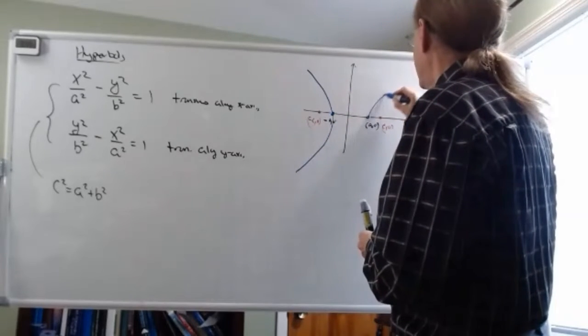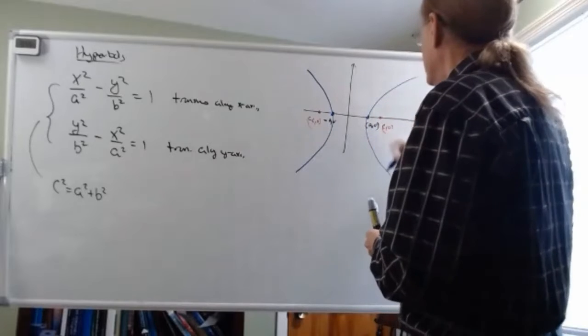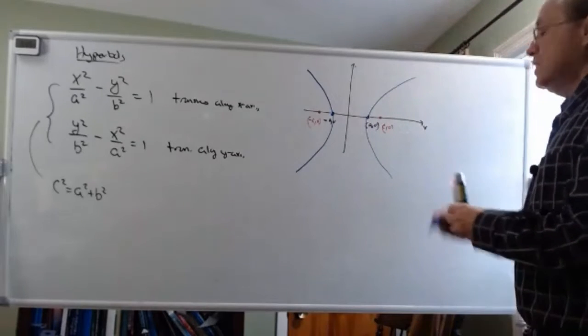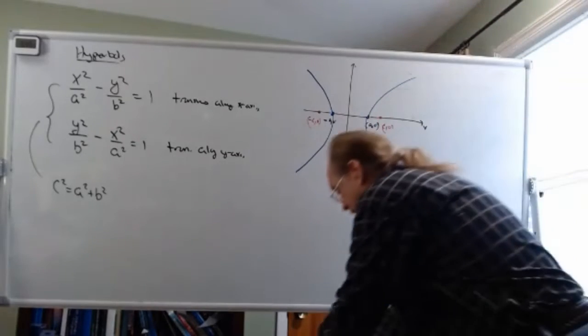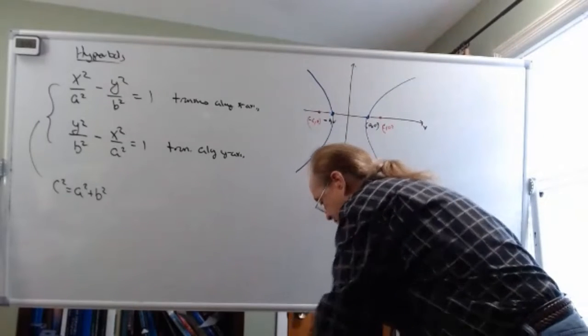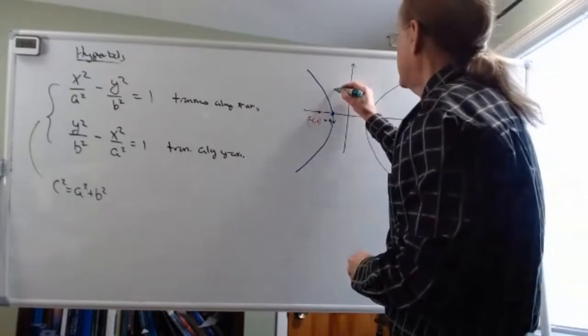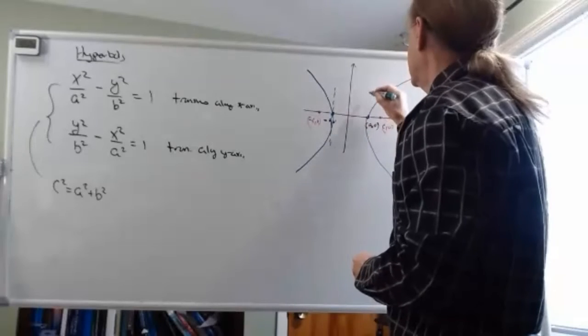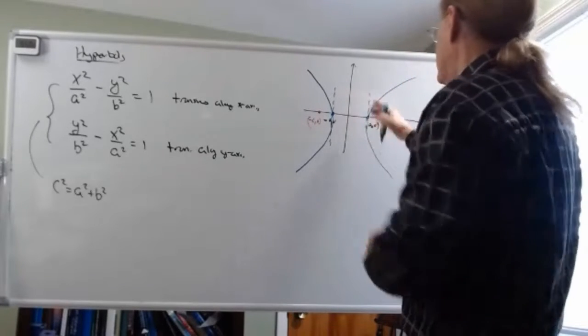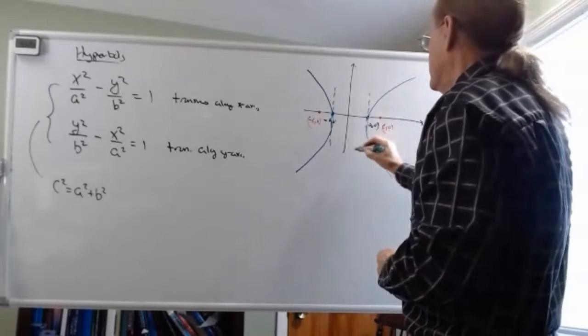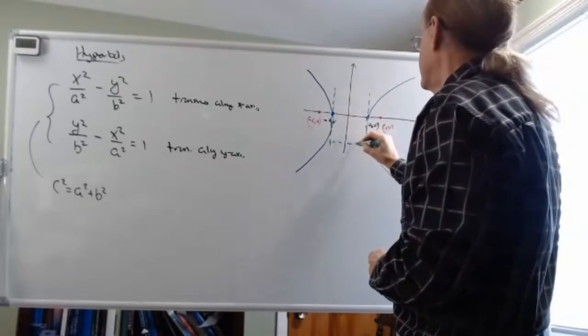So now the question is, how do I determine the shape over here? Well, it turns out that if I draw a little rectangular box over here, the blue should always be on the outside of the box.